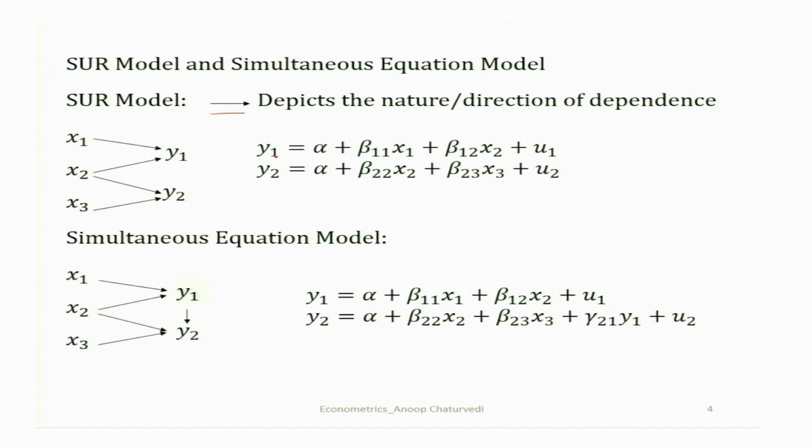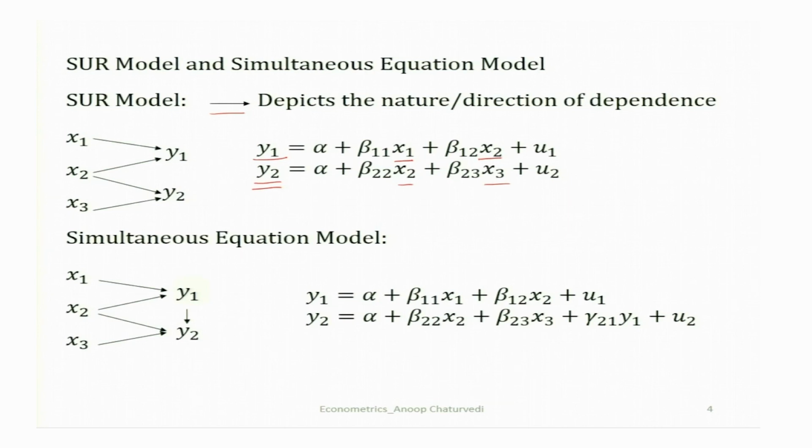So, your model is of the form y 1 equal to alpha plus beta 1 1 x 1 plus beta 1 2 x 2 plus u 1, and y 2 equal to alpha plus beta 2 2 x 2 plus beta 2 3 x 3 plus u 2. So, x 1 and x 2 are going to influence y 1, and x 2 and x 3 are going to influence y 2.